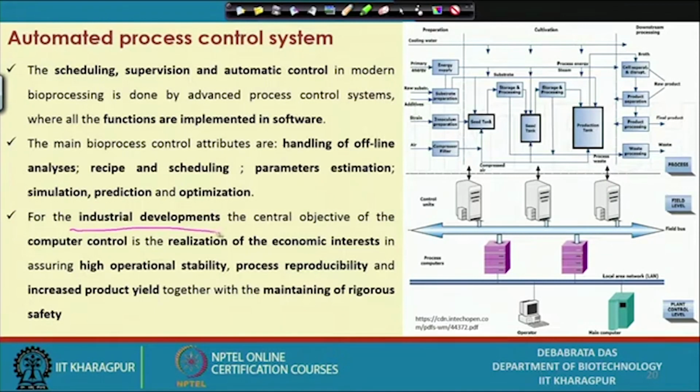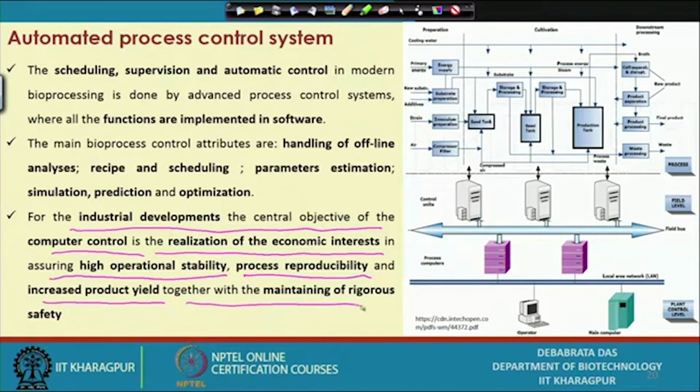For industrial development, the central objective of computer control is to realize the economic interest in assuring high operational stability, process reproducibility, and increased product yield, together with maintaining rigorous safety. So this is the main purpose why we require automatic control for industrial purposes.